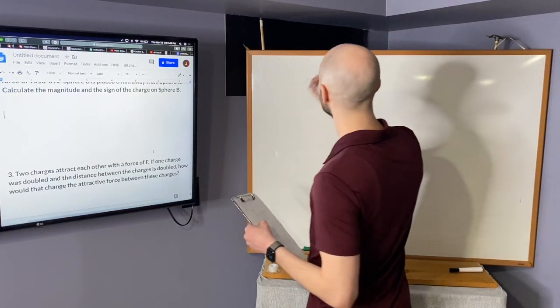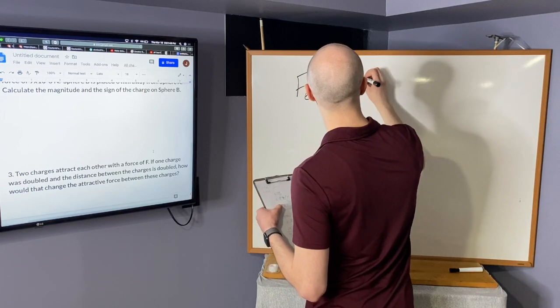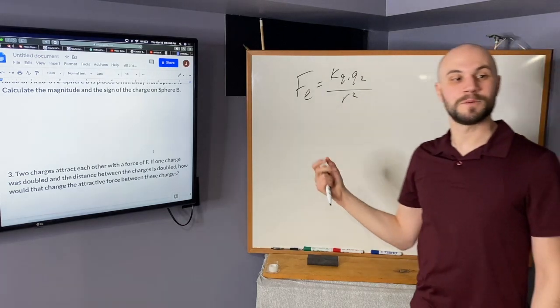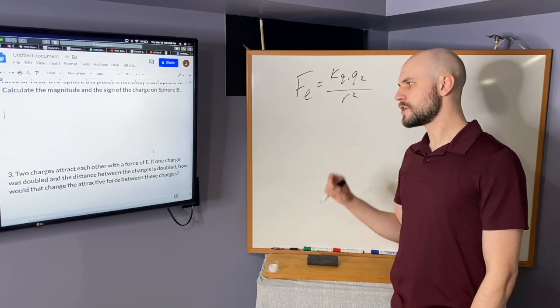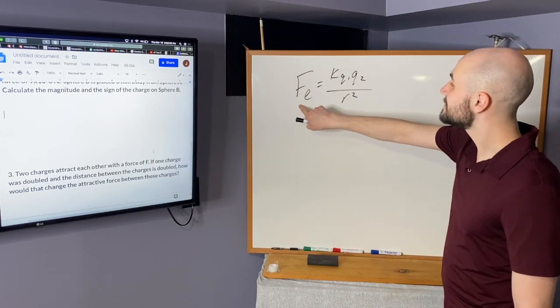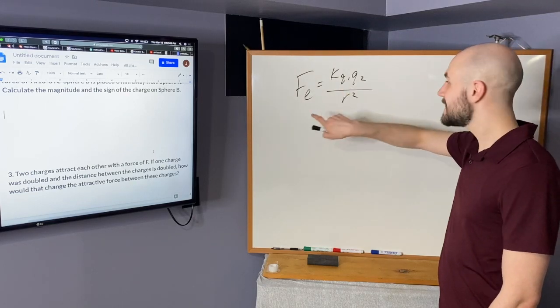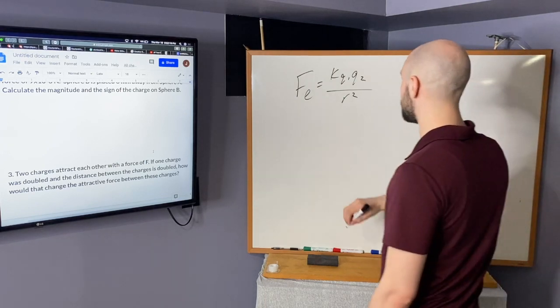Anyway, so we have Coulomb's law, K, Q1, Q2, all over R squared. And we want to figure out what happens when we change the magnitude of one of the charges and the distance between the charges, how that affects the force. As you can see, the force depends linearly on the magnitude of the charges and depends on the inverse square of the distance between them.